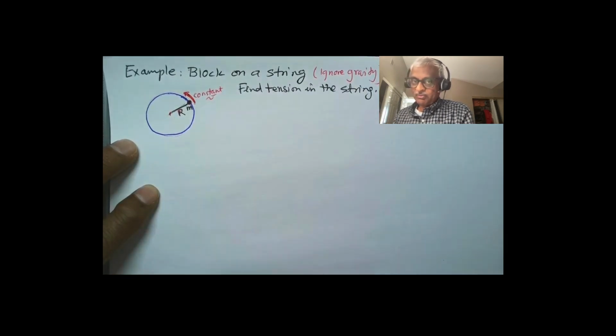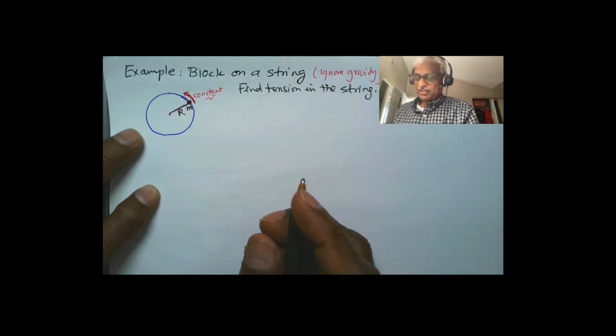It may be moving in a vertical circle or horizontal circle or a cone-type shape, but for simplicity we're going to ignore the force of gravity. You may imagine this is happening in outer space if you want.